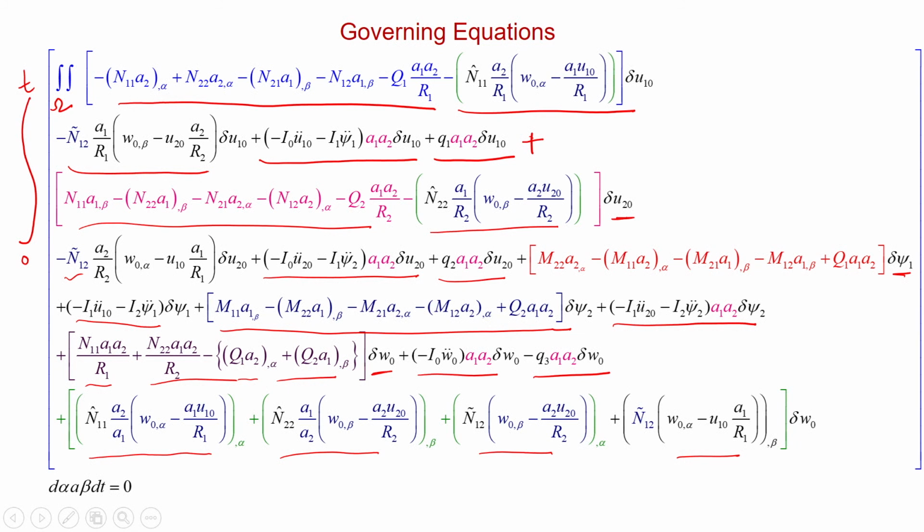Now, we can say that we have clubbed all the equations at one place, with integration from 0 to t. These del u10, del u20, del psi 1, del psi 2 and del w naught are arbitrary variations and their coefficients are integrable over the range alpha 1 to alpha 2.